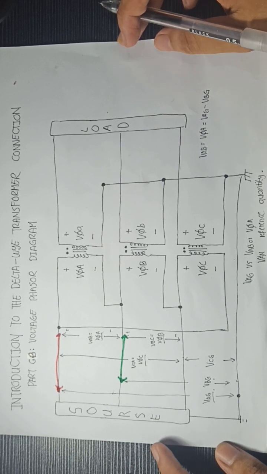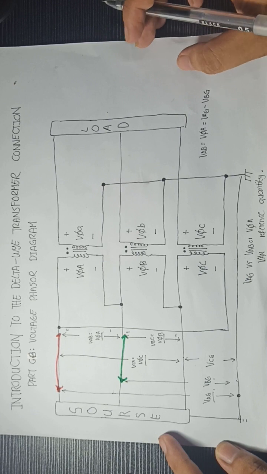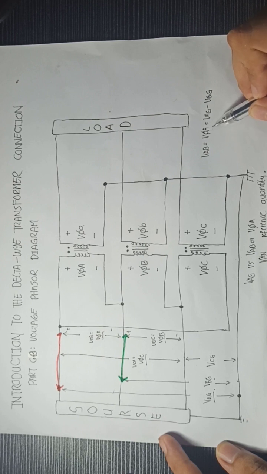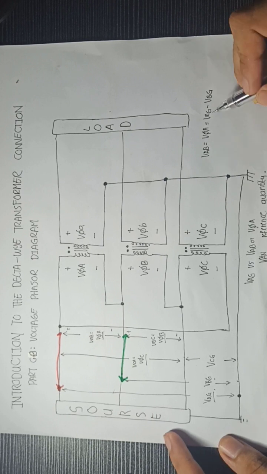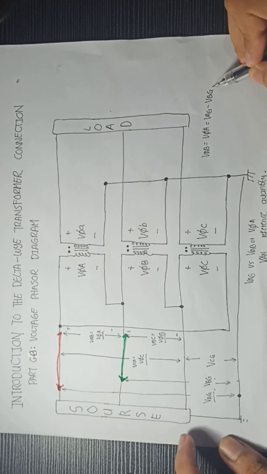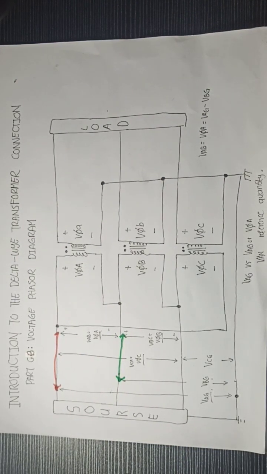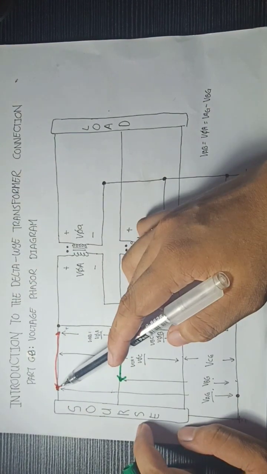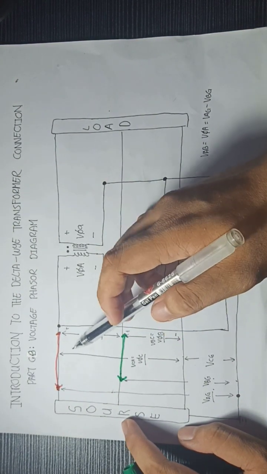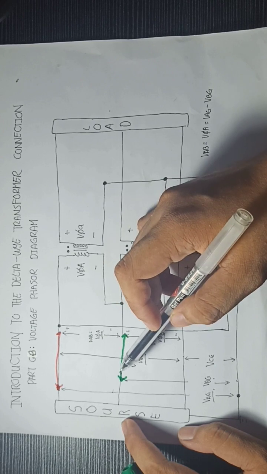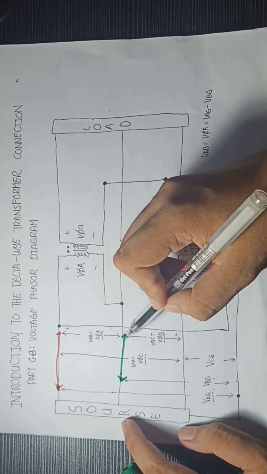So let's start. VAB, which is the voltage across line A and line B, is equal to the phase voltage A, which is across winding A. That is also equal to VAG minus VBG, which makes sense, right? VAG is the voltage across line A and ground, and VBG is the voltage across line B and ground.